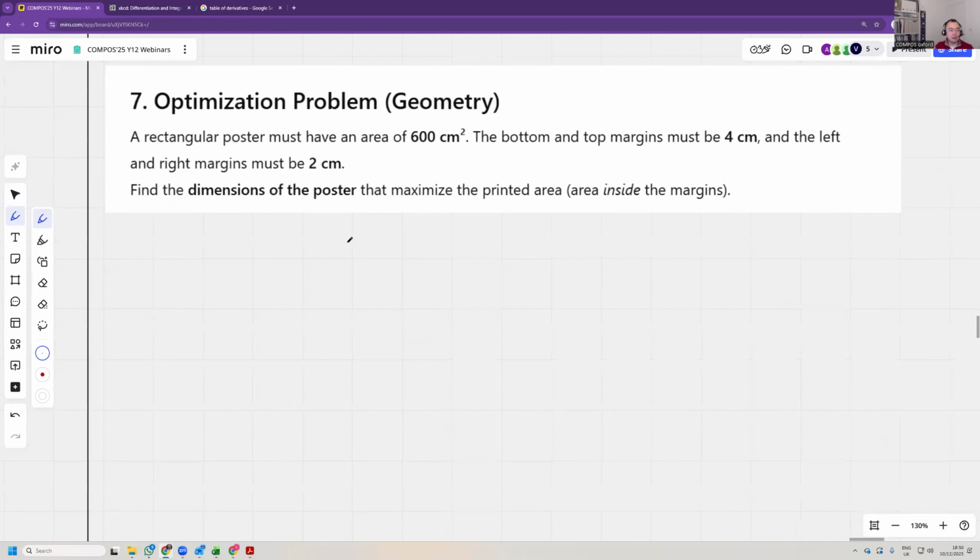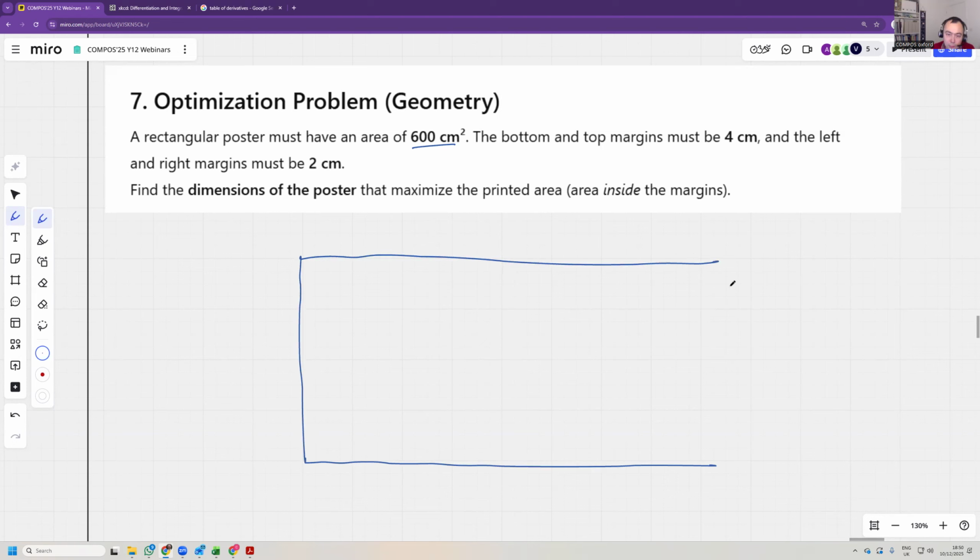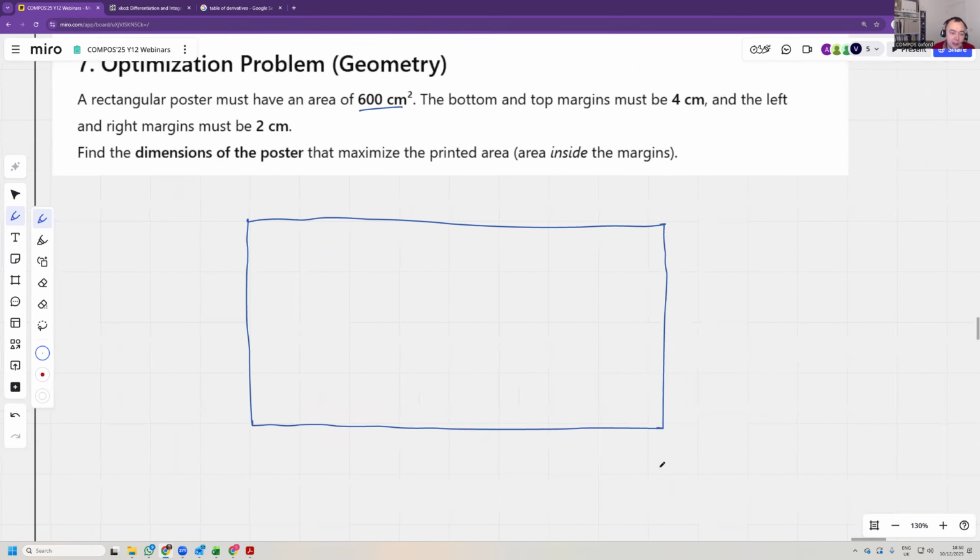So you have a rectangular poster which has to have an area of 600 square centimeters. Let's let the length of the poster be x and the width y.